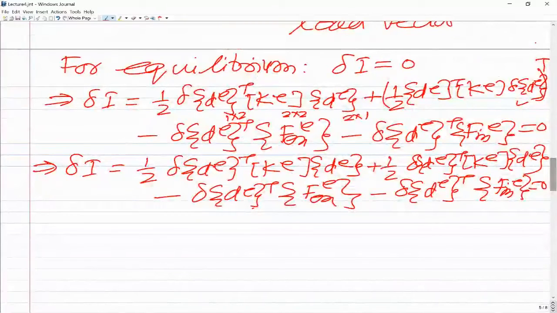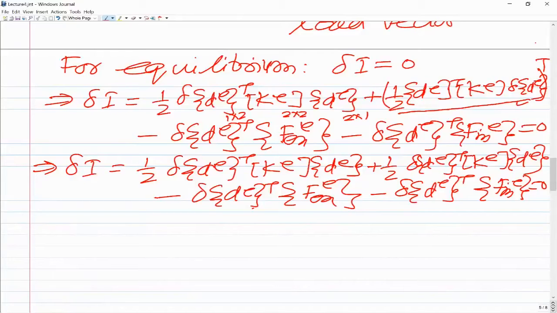So when I calculate this whole product, I will get an expression, and if I take its transpose, it is going to be the same thing. It will give you the same quantity. So a scalar can always be replaced by its transpose. That is how I am saying that I can replace the second term by its transpose.